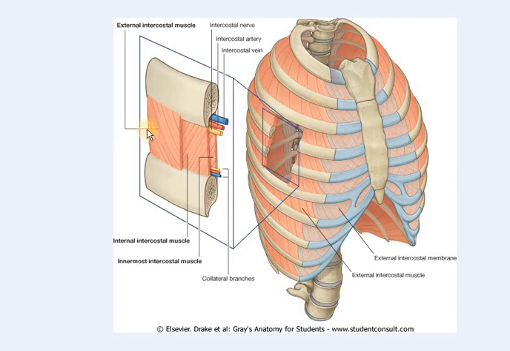The external intercostal muscle elevates the ribs during inspiration, whereas the internal intercostal muscle may depress the ribs or cartilages during expiration. So external intercostal muscles are most active in inspiration, whereas the internal intercostal muscles are most active during expiration.